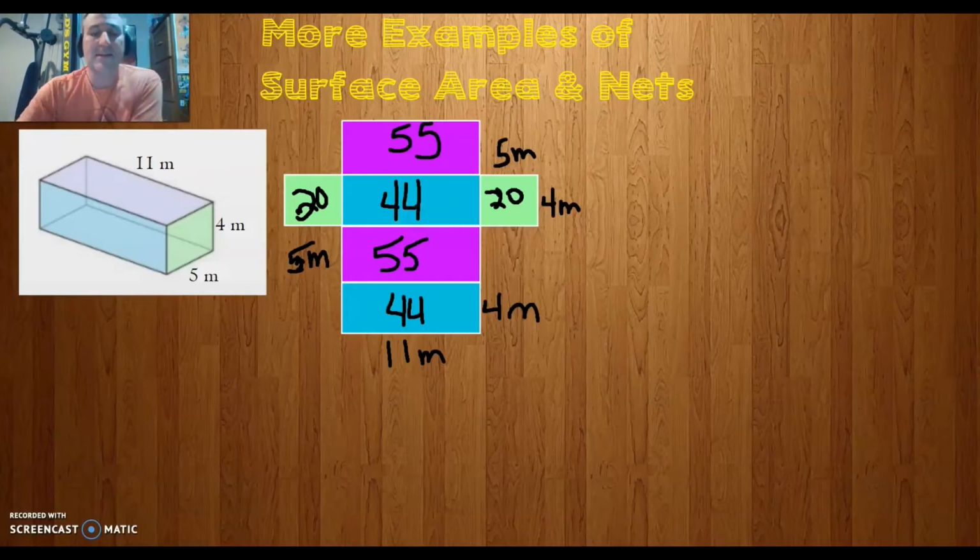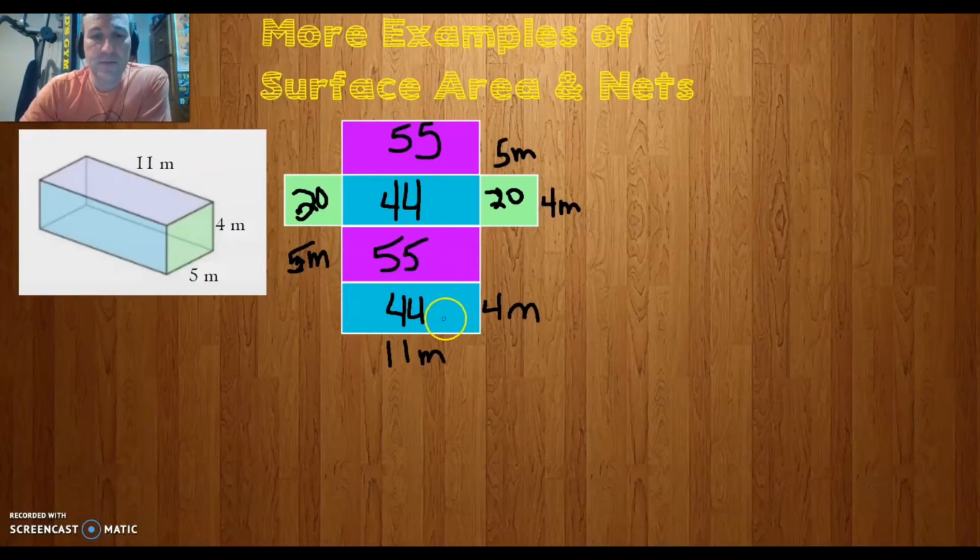So if we add all that up, I like to do it like this. 50 and 50 is 100. 40 and 40 is 80. Plus 20 is 200. Plus 20 more is 220. Plus 5 is 10. That's 230.